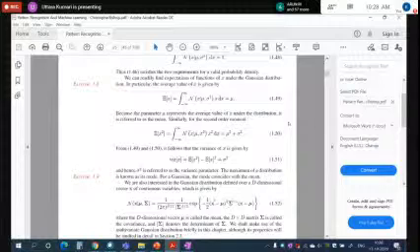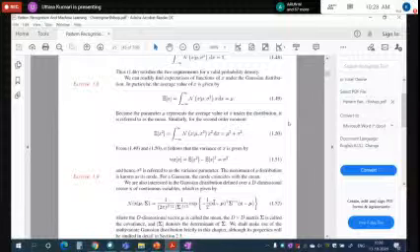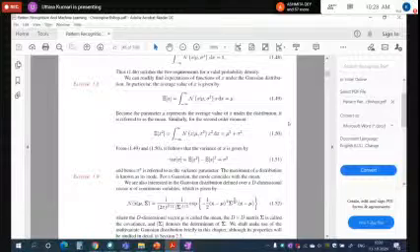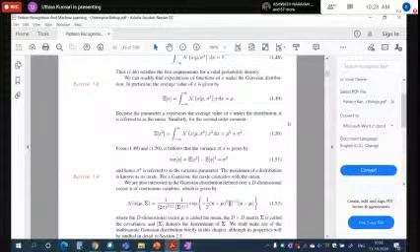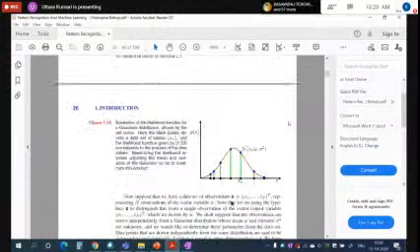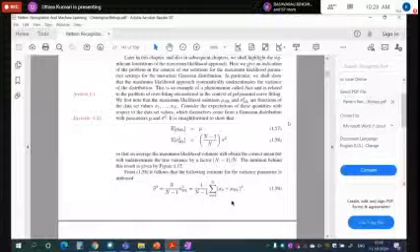Only those who have understood the concept of d-dimensional multivariable will write this sigma inverse, which is the covariance. Don't worry if you don't understand; two or three readings will really help you.